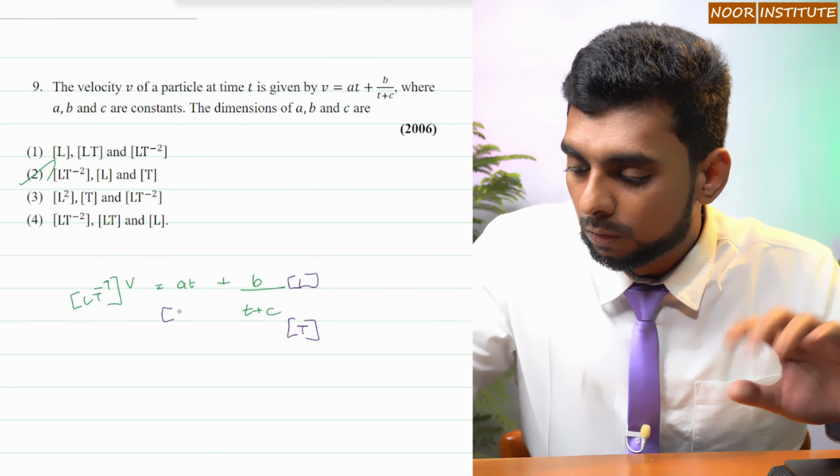If I do the multiplication with time, one T will get cancelled and you'll be left with LT power minus 1, which is the same as the left hand side. These two have the same units, therefore they can get added. So the dimensions are: for A it will be LT power minus 2, for B it is going to be L, and for C it will be T. So we have got the answer to be option 2.